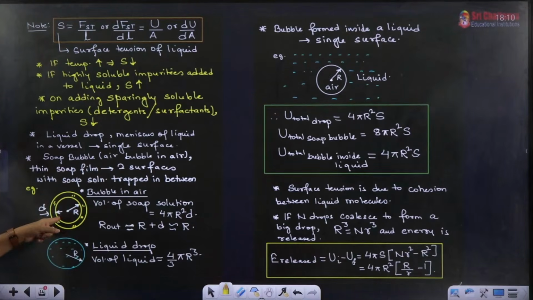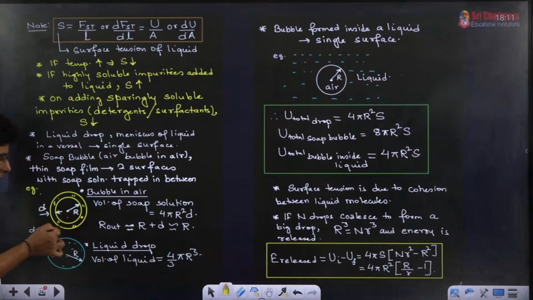I have shown here a soap bubble in air. It has two surfaces, one inner and one outer. Here we have air, outside we have air, and here we have soap solution trapped in this part. Its thickness I have taken as a small d, which is very, very small compared to the radius. So if they ask you the volume of soap solution, it is not the entire volume, only this shaded volume.